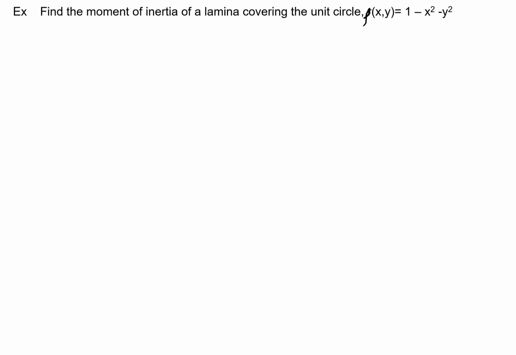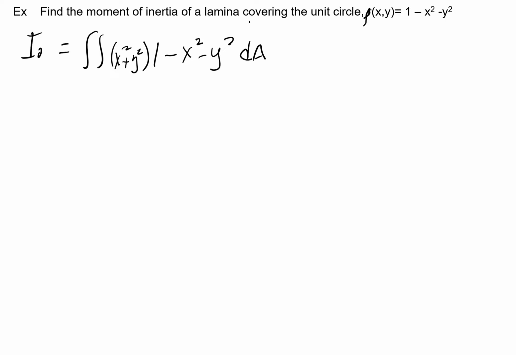So we are going to perform the double integral, and again our rho is 1 minus x squared minus y squared. And we are going to put in that r squared factor, which would be x squared plus y squared, and then our dA, which in terms of x and y we would write as dy dx, or the reverse.